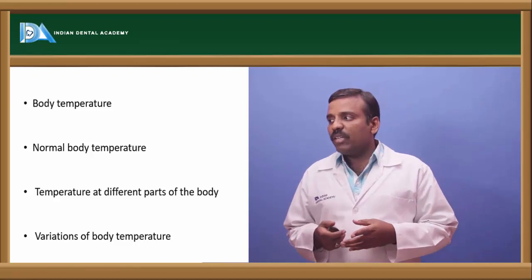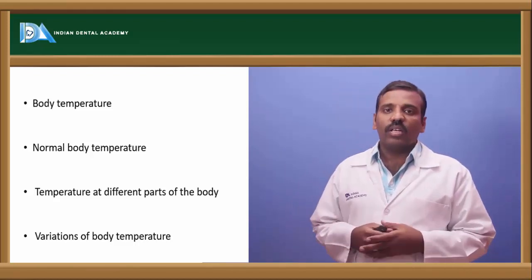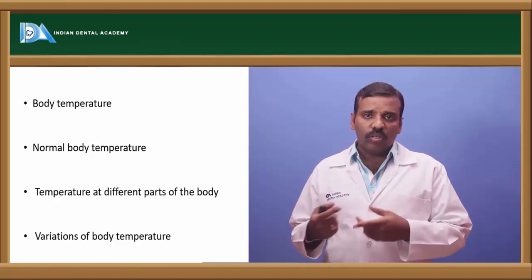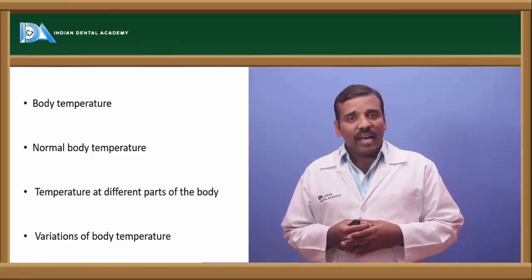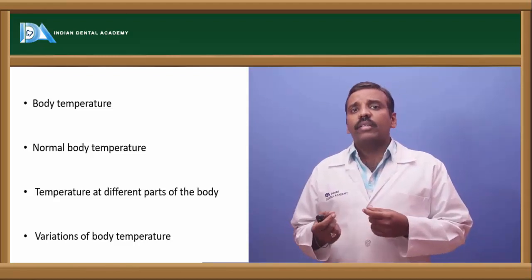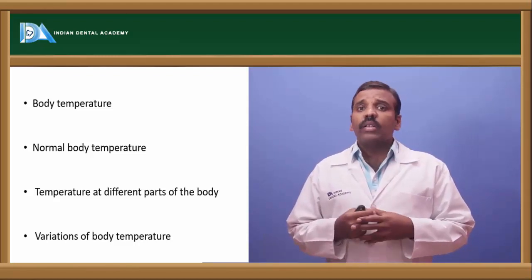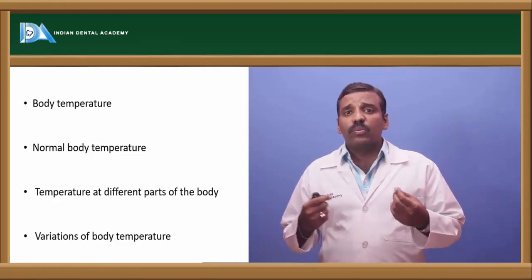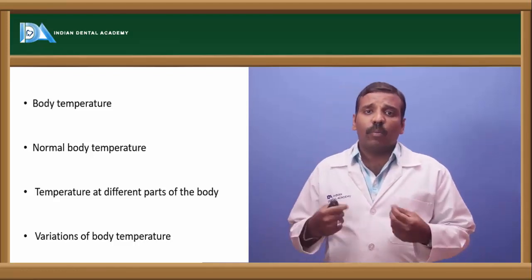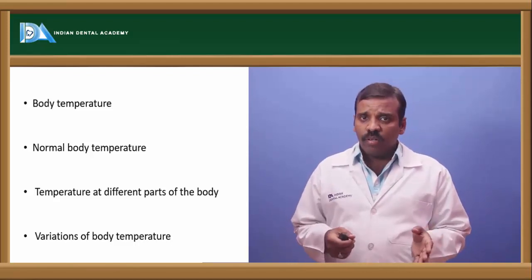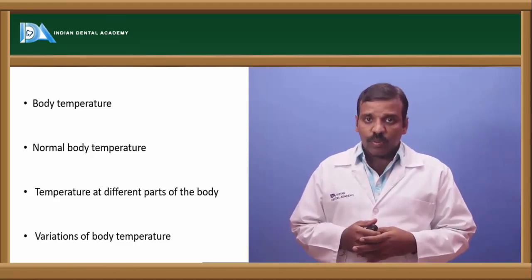Looking at the temperature in different parts of the body, the oral cavity has the normal body temperature as I told. In the axilla it is plus 2 degrees centigrade, and in the anal canal plus 2 degrees centigrade, and in other parts it varies somewhat from the normal body temperature.